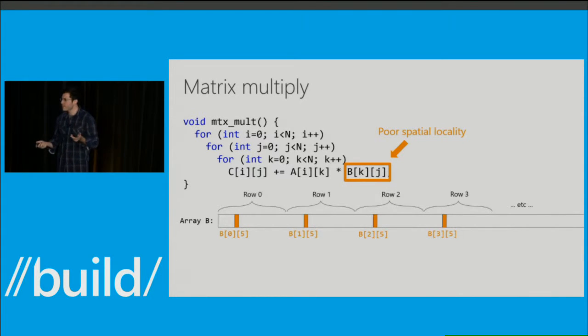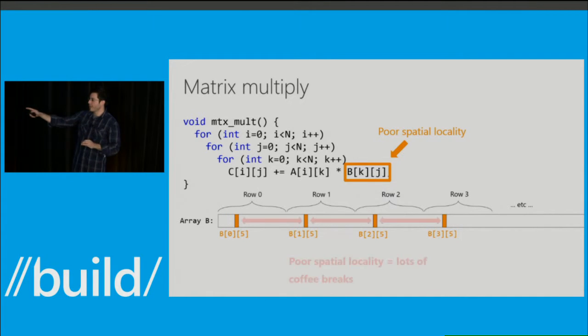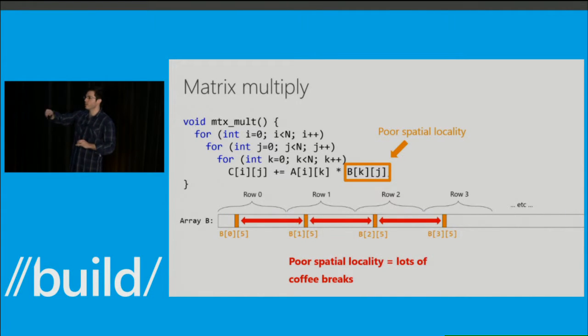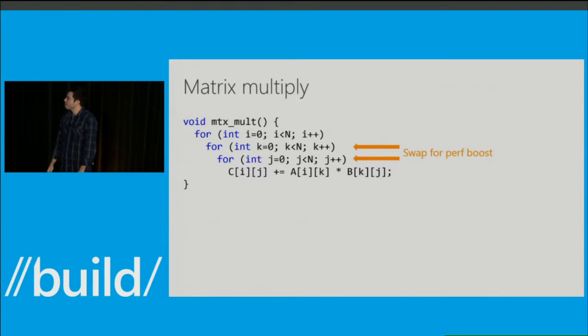And the problem happens if your matrices are huge. If you're talking about a 10,000 by 10,000 matrix or bigger, a million by a million matrix, those accesses are really far apart, and you're accessing them from the innermost loop. That's what I mean by poor spatial locality. You've got an innermost loop accessing data that could be miles away from the previous access, and that's going to yield a lot of coffee breaks, as it were.